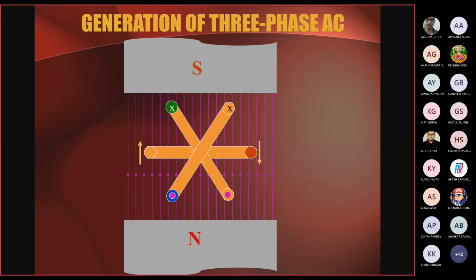So what will happen? Here we have considered three identical coils placed with their axes 120 degrees apart from each other and rotated in a uniform magnetic field, right?